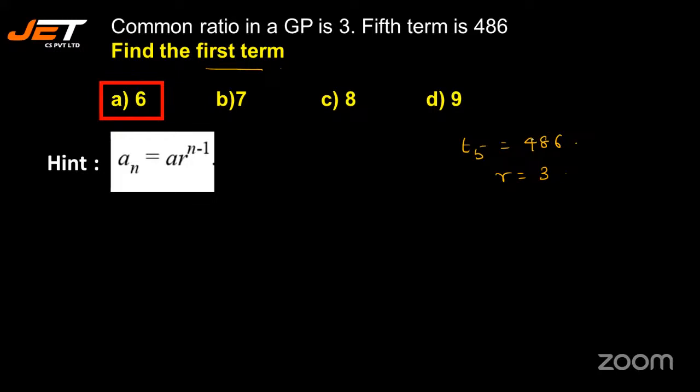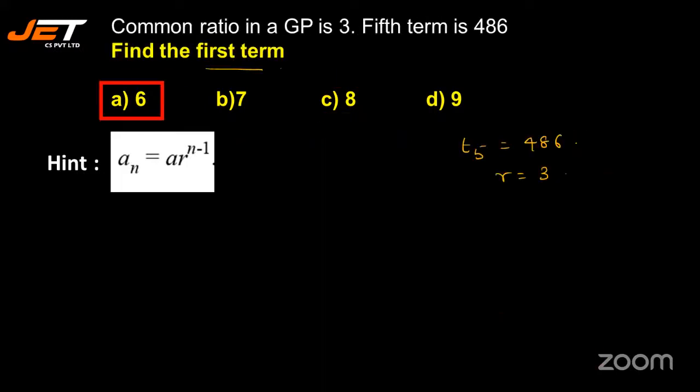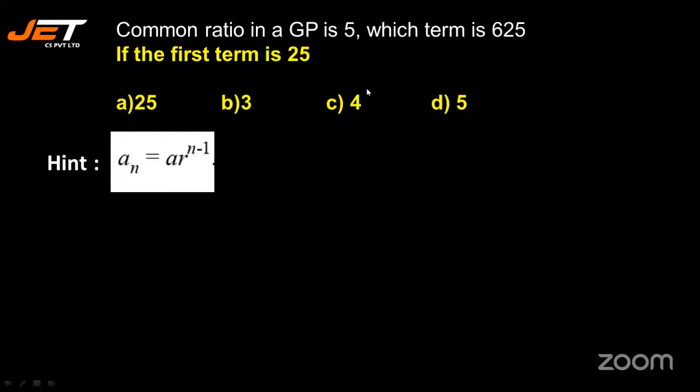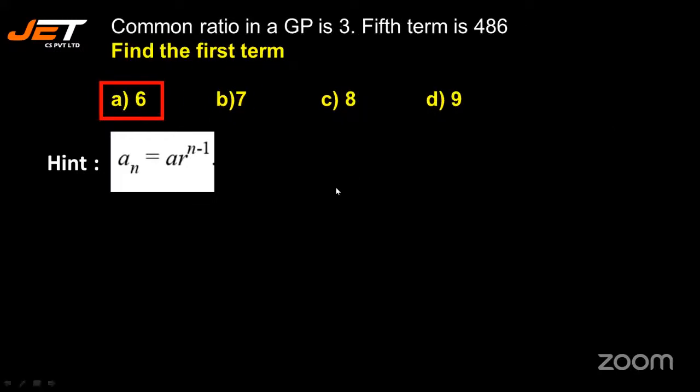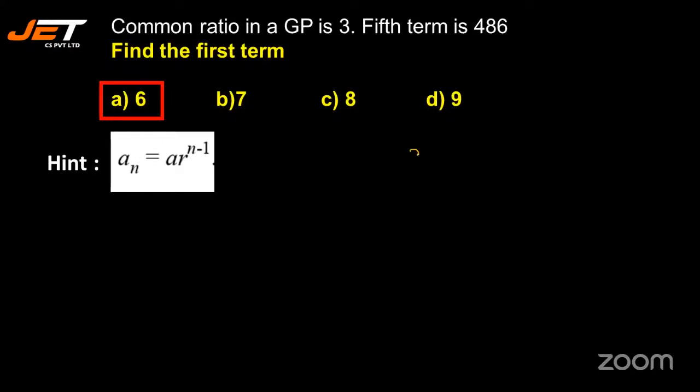Right, so see here. The common ratio R is 3.